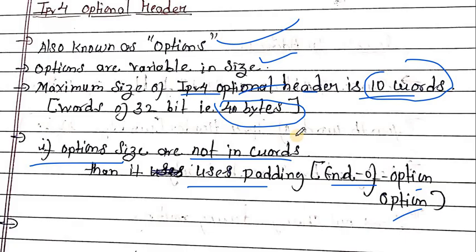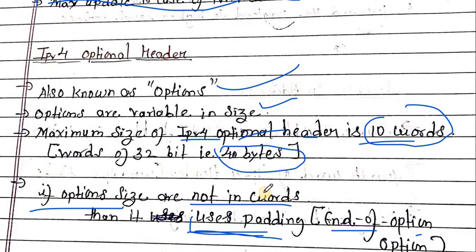So if you want to add some data in options and the data is not a multiple of 4 bytes, you must add padding. This is padding in the optional header.